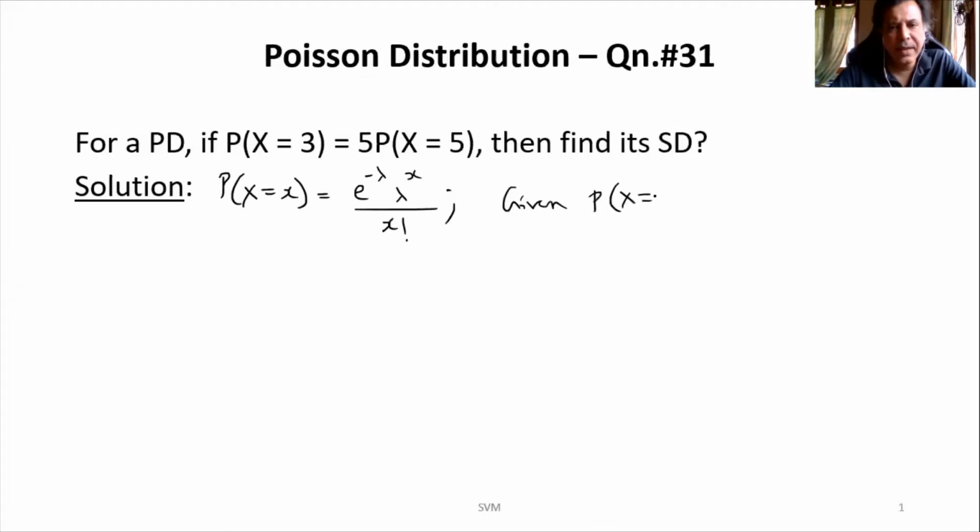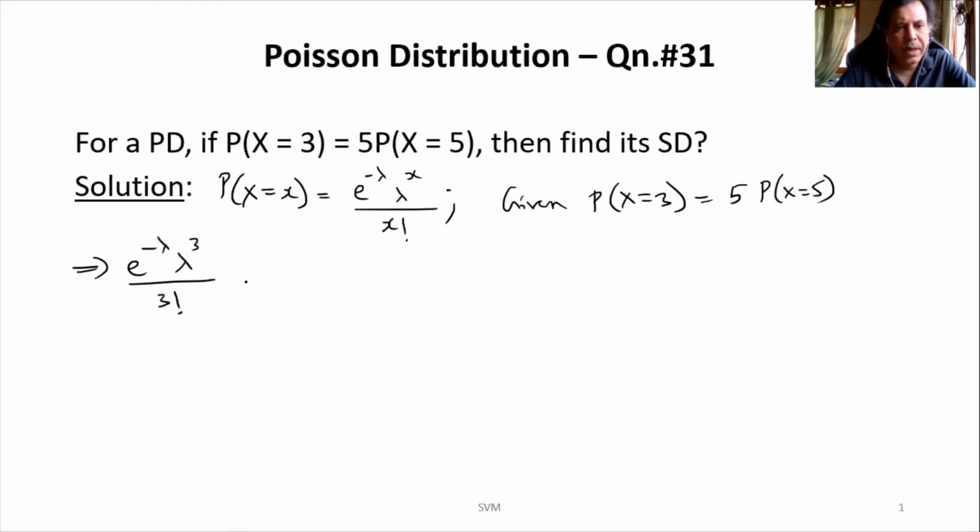probability of x is equal to 3 will be the same as 5 times probability of x is equal to 5. So now substitute for this left hand side, wherever x is there, substitute that with 3. Means we have e to the power of minus lambda, lambda to the power of 3 by 3 factorial.